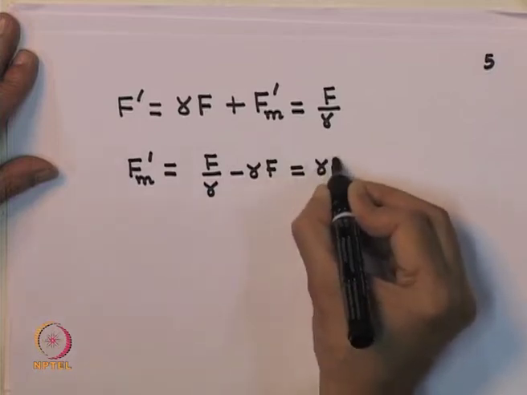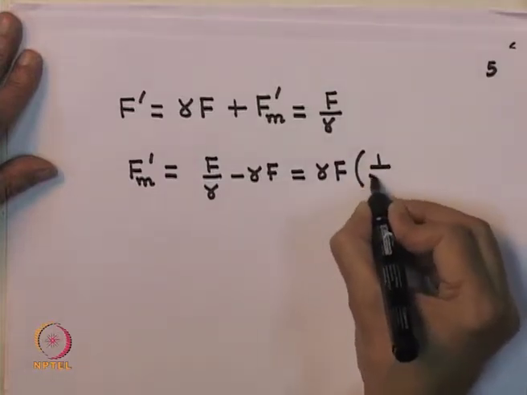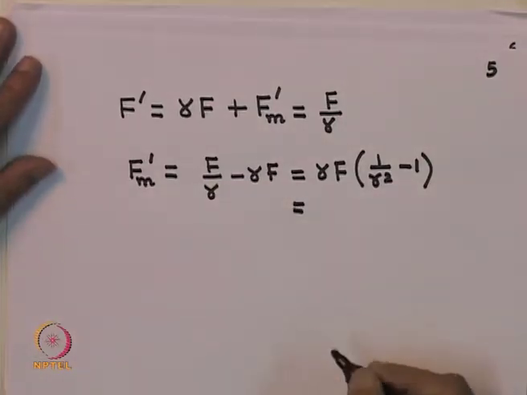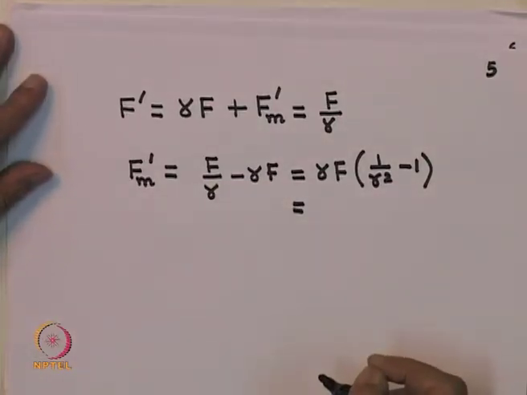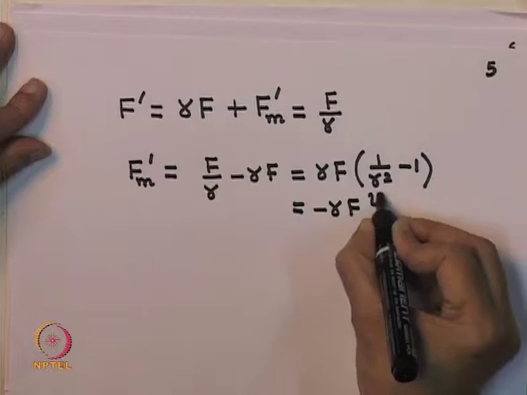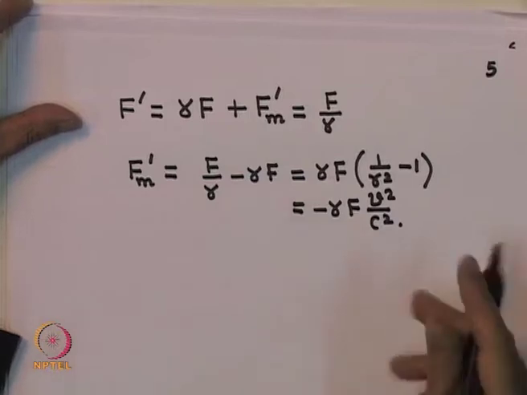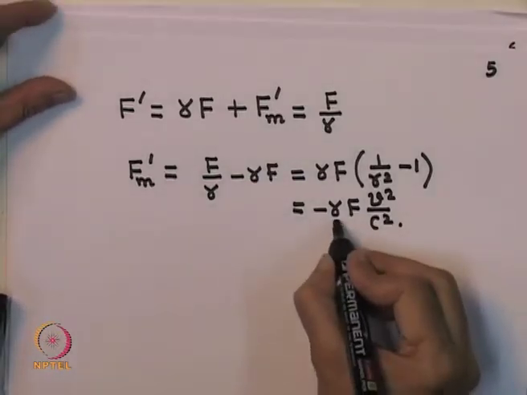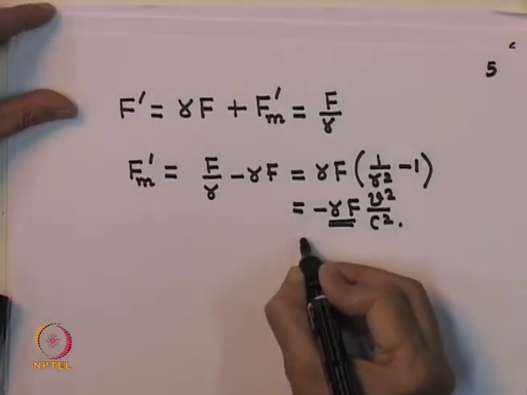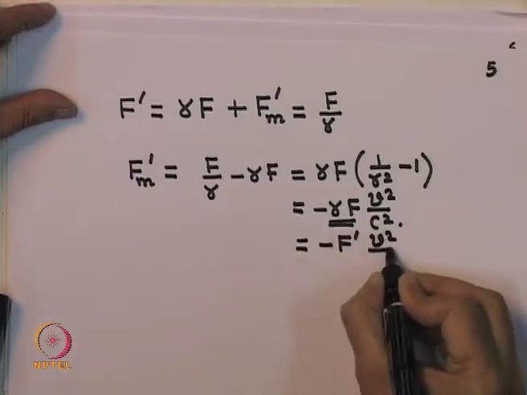Let us take gamma F to be common, so that I get 1 over gamma square minus 1, and you remember that gamma was 1 over the square root of 1 minus v square by c square. So, this is nothing but minus gamma F into v square by c square. Since gamma times F is the F prime that he calculates, this is equal to minus F prime v square by c square.